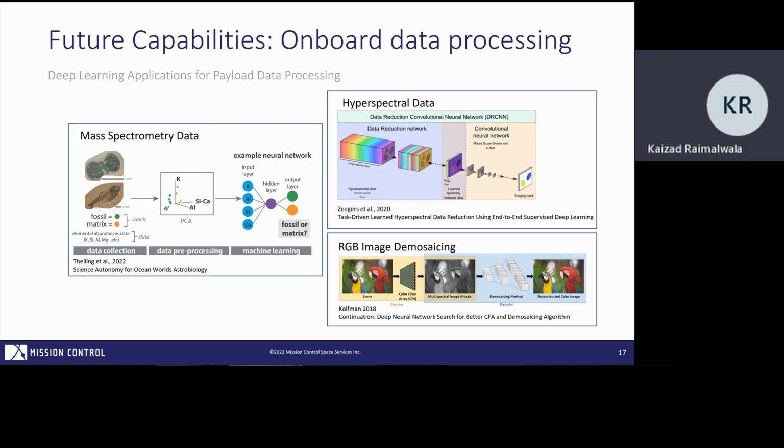We're pretty keen to collaborate with anyone who sees a benefit for onboard data processing for sensors like this. In particular, the example on the left is from a paper we recently contributed to, Science Autonomy for Ocean Worlds Astrobiology. I invite everyone who's interested in that topic to check it out.